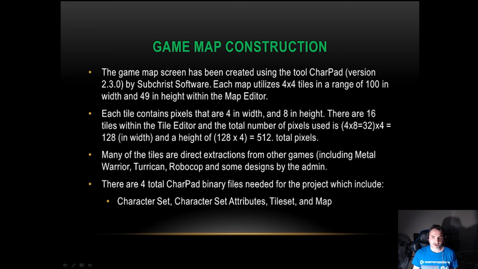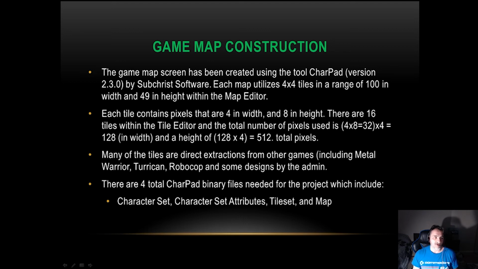Game map construction. The game map screen has been created using the tool CharPad by Subchrist Software. As I mentioned earlier, the maps can be 4x4, 100 by 49 in height, so on. Each tile contains pixels that are 4 width and height, and I give the measurements here if you want to take a look at those. If I'm off on the measurements, feel free to throw me a comment or something.